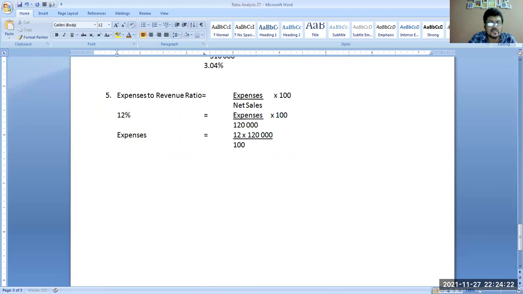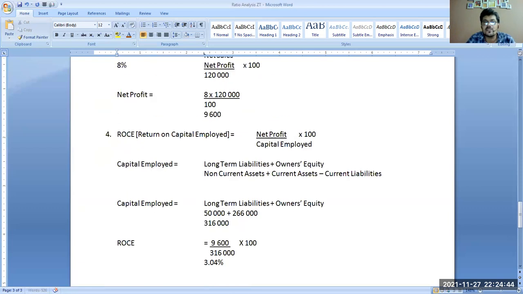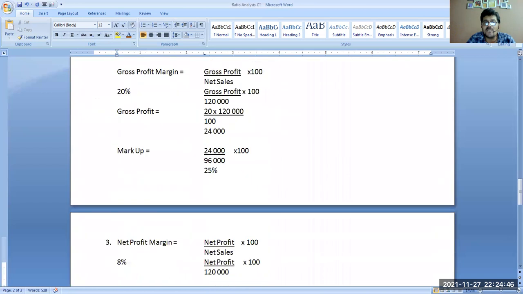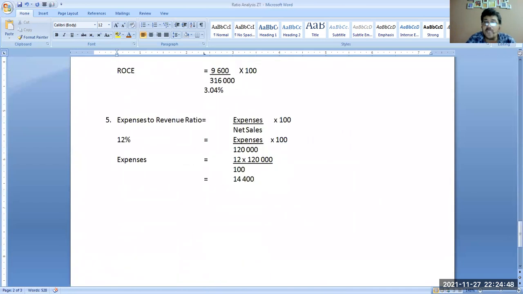So the amount of expenses would be 12% of $120,000. Here is my calculator, and it says 12 multiplied by 120,000 divided by 100 is 14,400. This is your amount of expenses, $14,400.